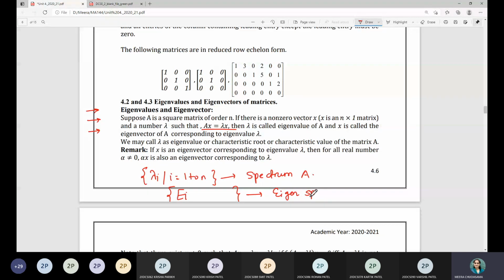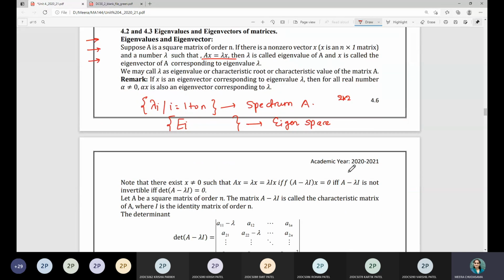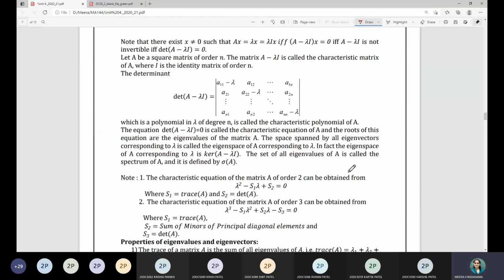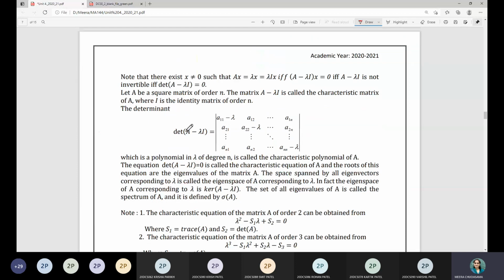In the last example, we considered a 2 cross 2 matrix, where we saw how to find the eigenvalues and eigenvectors, with the characteristic equation as determinant of A minus lambda I equal to 0. So that is what we have seen.